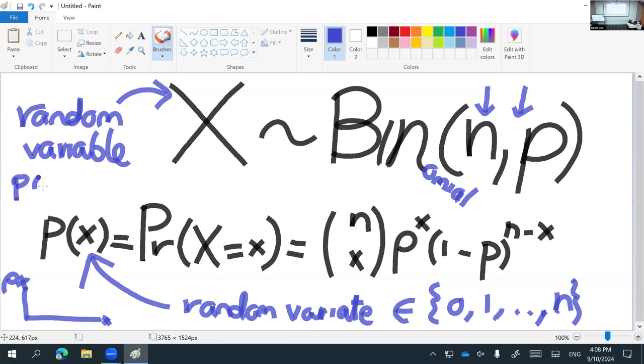Why is it called that? Because it's a function that gives a probability mass. Think of mass as lump. There's a lump here, a lump there, from 0 to n. So it's a probability mass function.